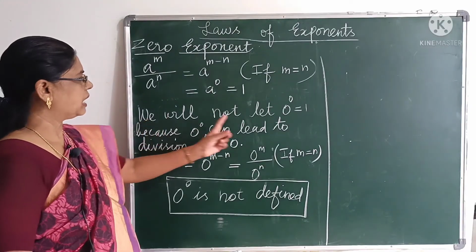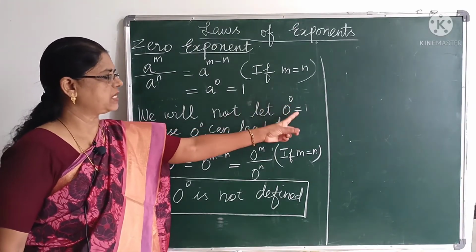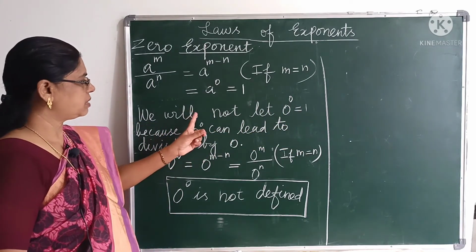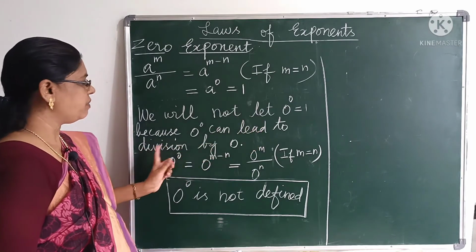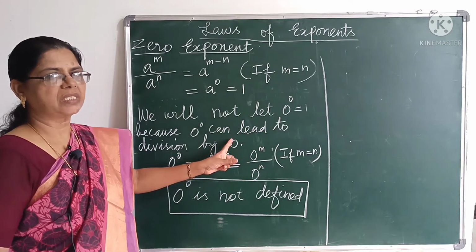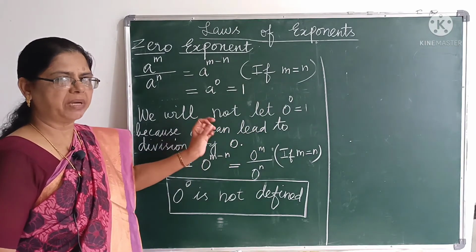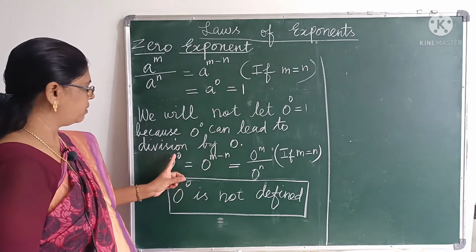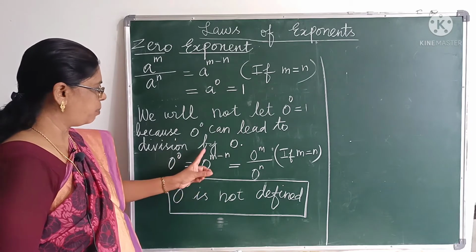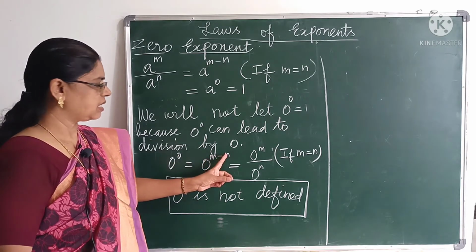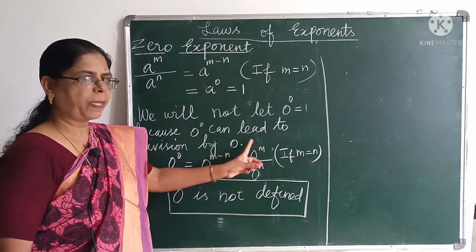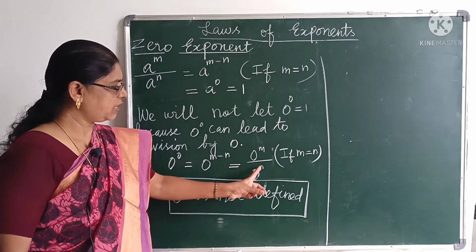Children, we will not let 0 power 0 be equal to 1, because 0 power 0 can lead to division by 0, which is not yet defined. See, if you put 0 power 0, what does it mean? It is 0 power m minus n. That means 0 power m divided by 0 power n.